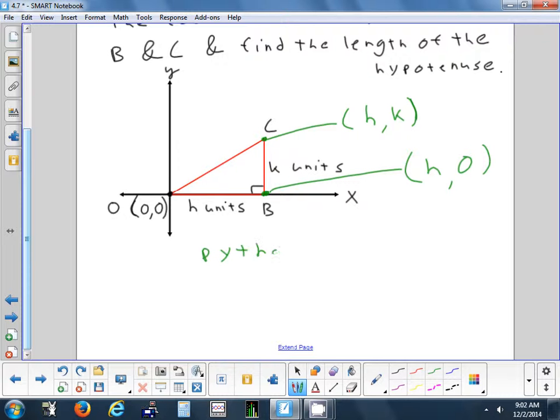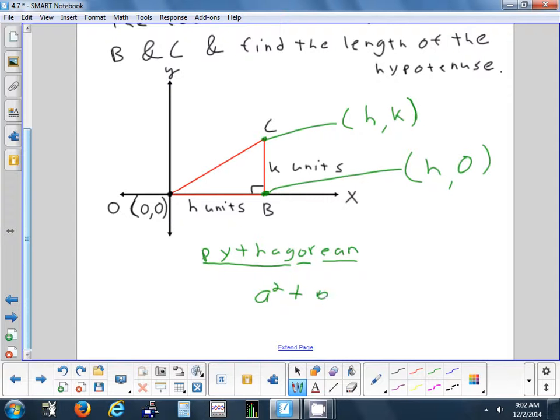It's named after someone, Pythagoras. He must have had a really hard name to pronounce. Now, more importantly, what's the equation for it?